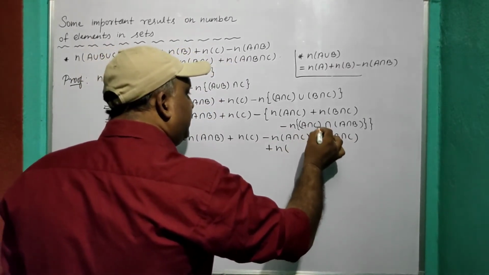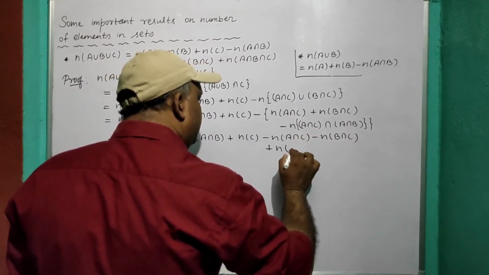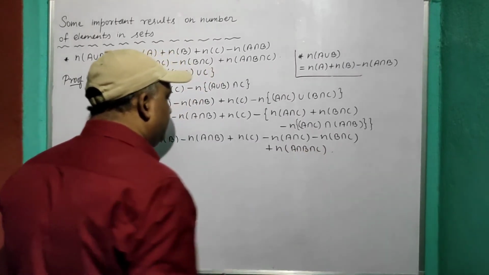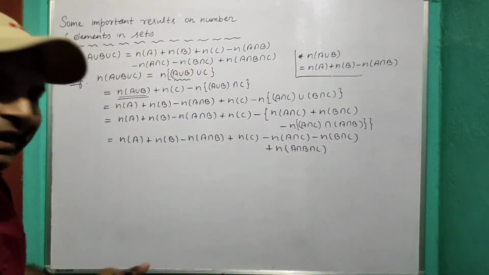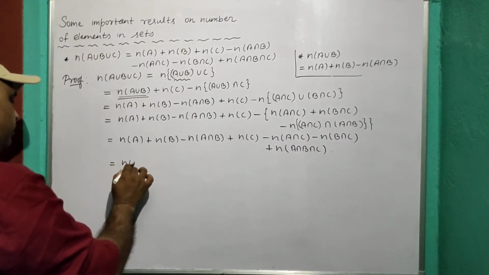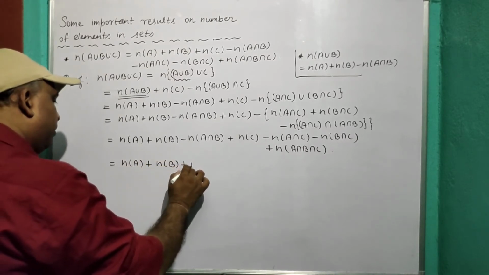Now A intersection C intersection A intersection B, so all are intersection signs, so this can be written as A intersection B intersection C.